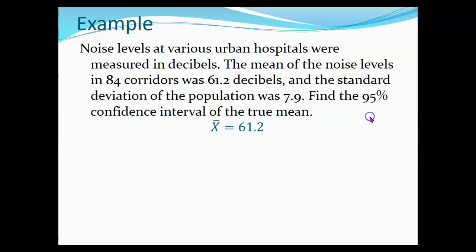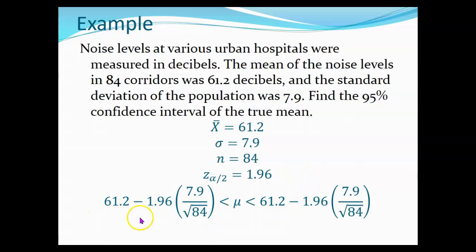The sample mean is 61.2. Sigma is 7.9. n is 84, that's how many corridors were included in the sample. And for a 95% confidence interval, z sub alpha over 2 is 1.96.